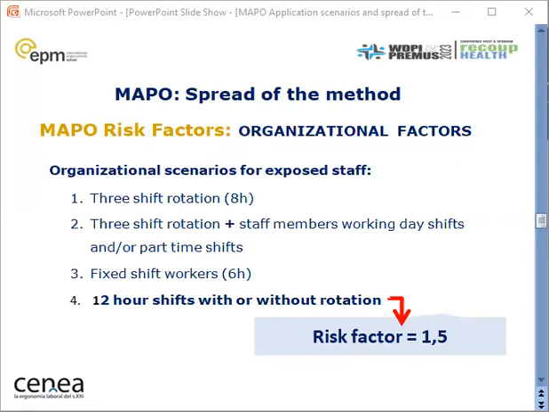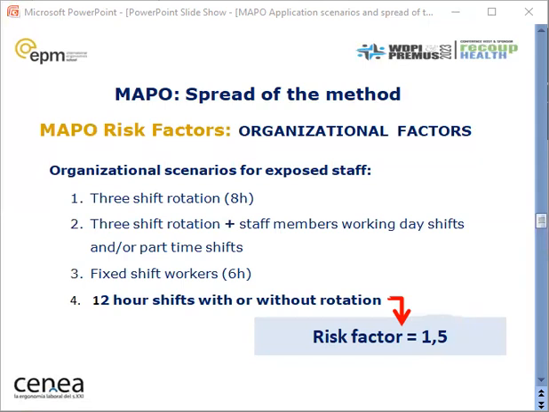For the first two scenarios, three-shift rotation or three-shift rotation plus staff members working day shifts and/or part-time shifts, the MAPO index not only identifies the risk level for the whole work, but also determines the risk exposure of the workers involved in these tasks, except for the part-time workers or staff who only work day shifts.